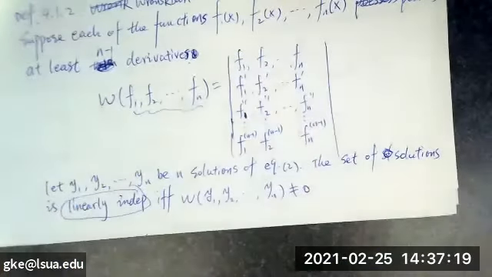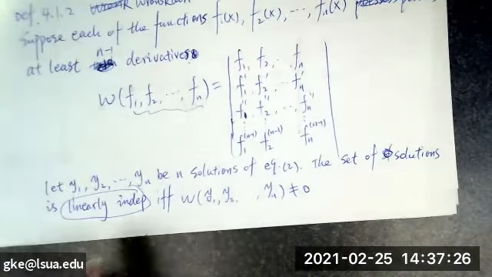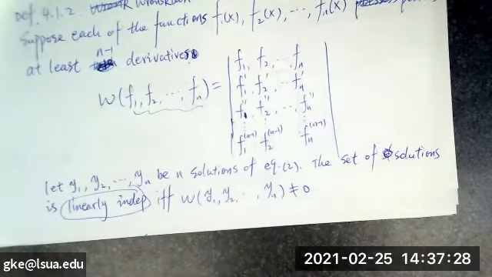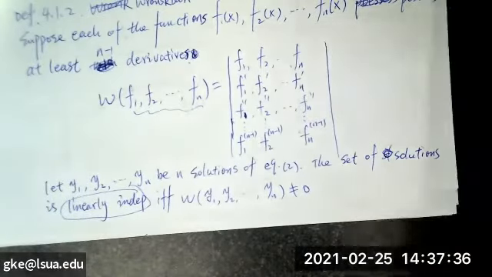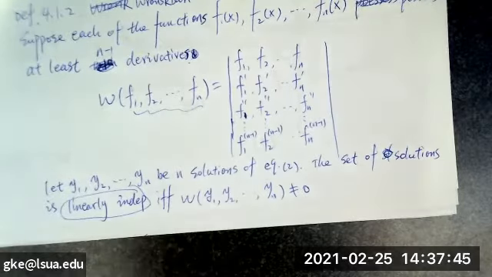Okay, linearly independent. Previously we used the definition: use the linear combination to find the coefficients, and check whether the coefficients equal 0 or not. But now we can use a much easier way to determine whether functions are linearly independent or not.